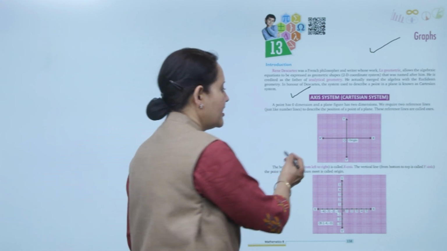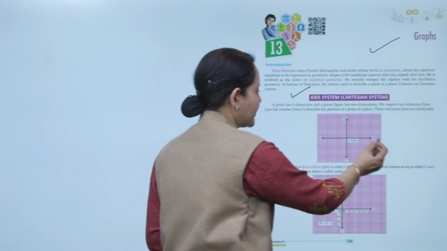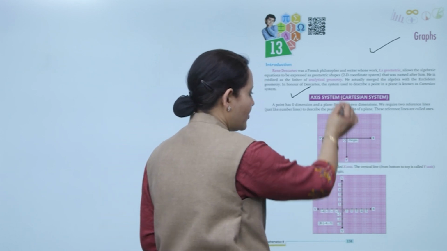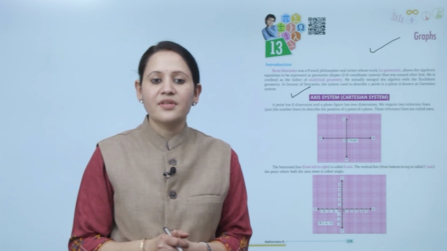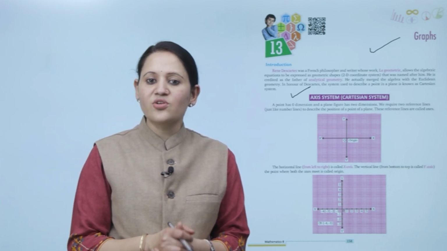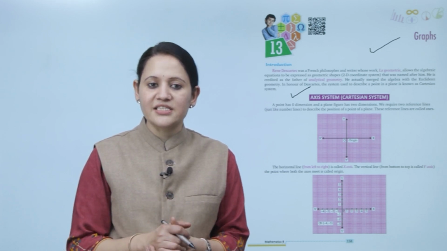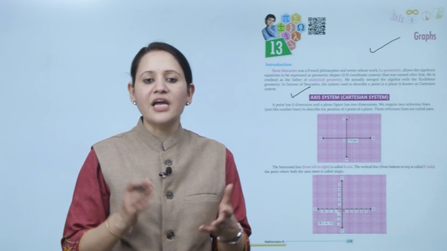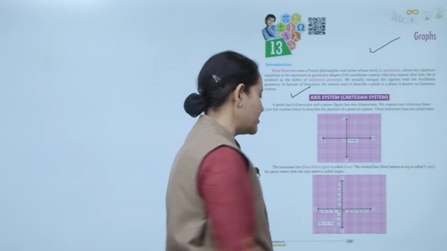Like here, this is the point of origin O, and this is the x-axis, and this vertical line is the y-axis. The horizontal line from left to right is called the x-axis. The vertical line from bottom to top is called the y-axis. The point where both the axes meet is called the origin. Like here, this is the origin. Clear?